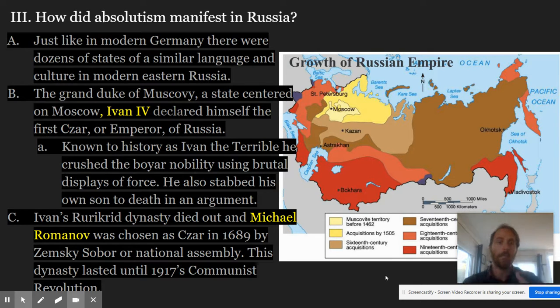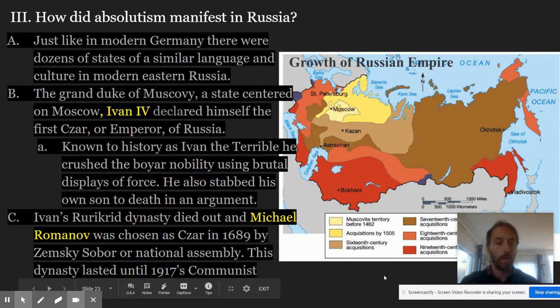The state around Moscow, Muscovy, is led by someone named Ivan IV, later known as Ivan the Terrible, and he declares himself the first emperor of Russia, which is a new nation state centered around Eastern Orthodox Christianity and basically absolutist rule by the Tsar, which is the Russian word for emperor, coming from the old Roman Empire of the 1453 collapse.